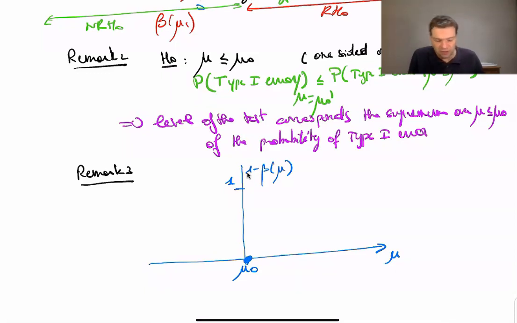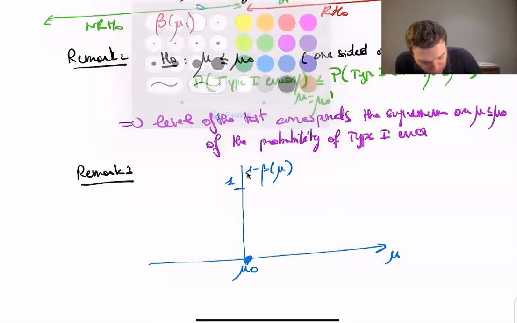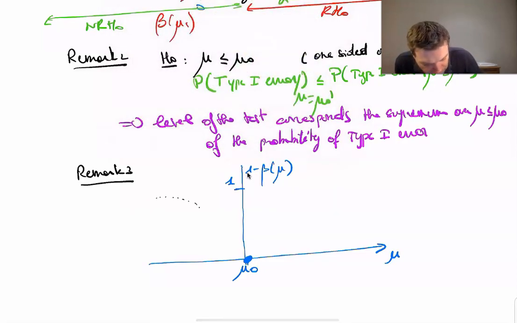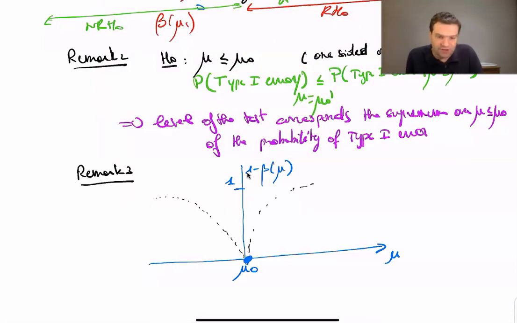And we have said that in the case of a two-sided test, I'm going to put dotted here, this is the shape of a power function. When mu is close to mu naught, the power is small.